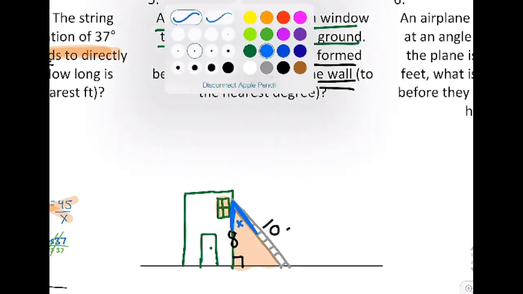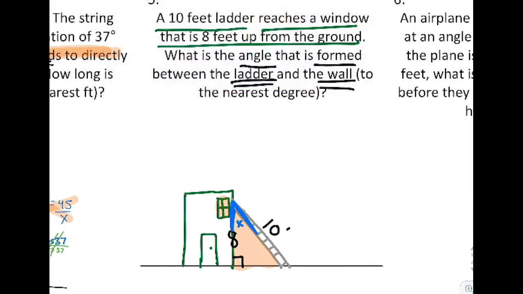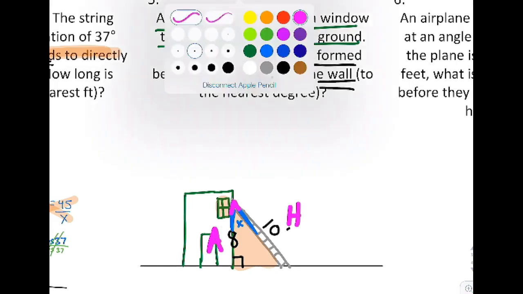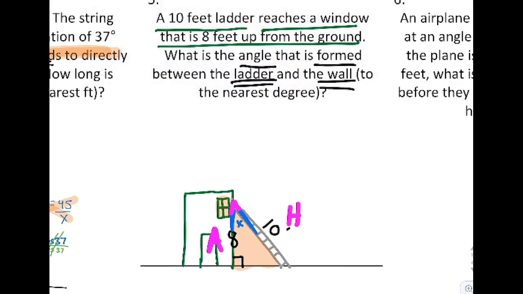So which two sides are labeled if you're standing in this corner? You have the hypotenuse and you have the adjacent. Adjacent and hypotenuse is cosine of theta, or x or whatever you want to call it, equals adjacent over hypotenuse.